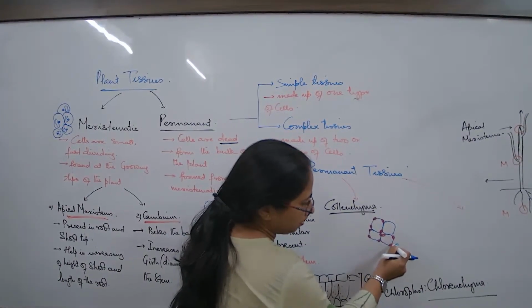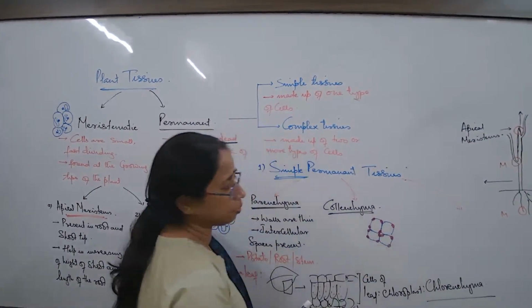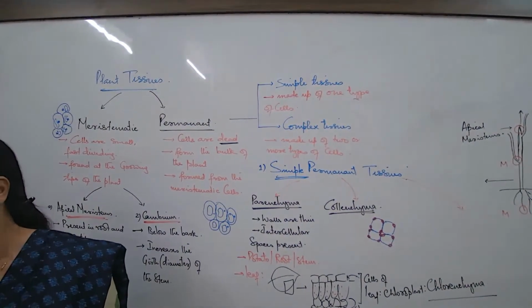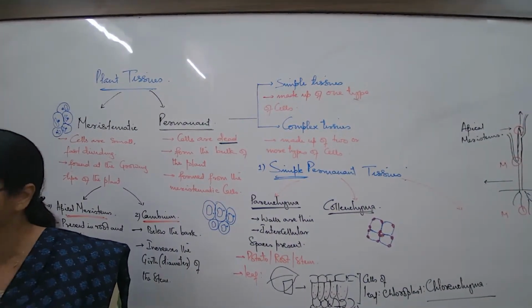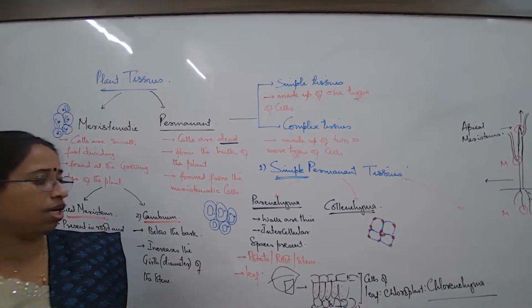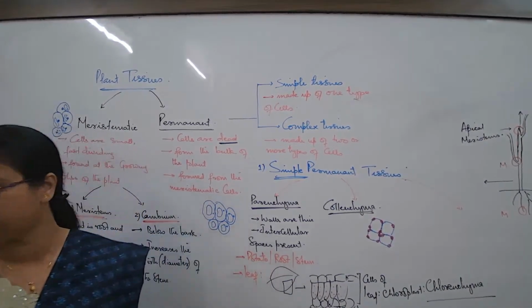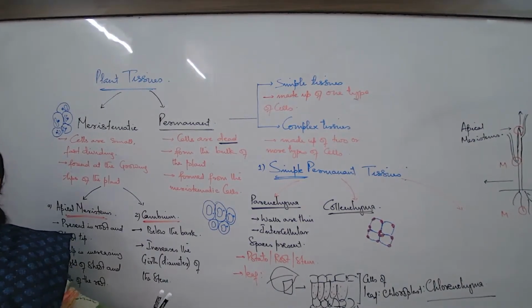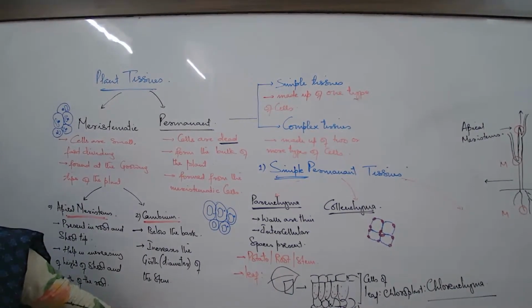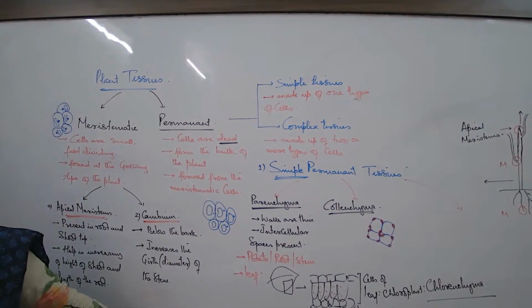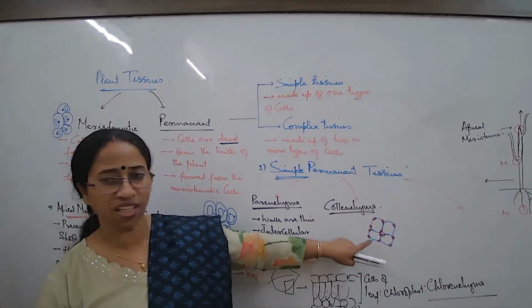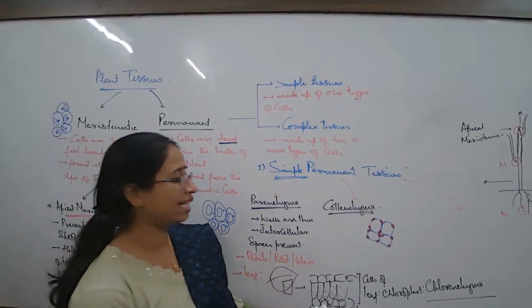At the corners of the cells, there is an extra deposit of cellulose. Look into the longitudinal section, look into the cross section. Whether I talk about the longitudinal section or the cross section, in each of these cases you can see the corners of the cells are thicker. Yes or no? So thicker corners are always a feature of the collenchyma.